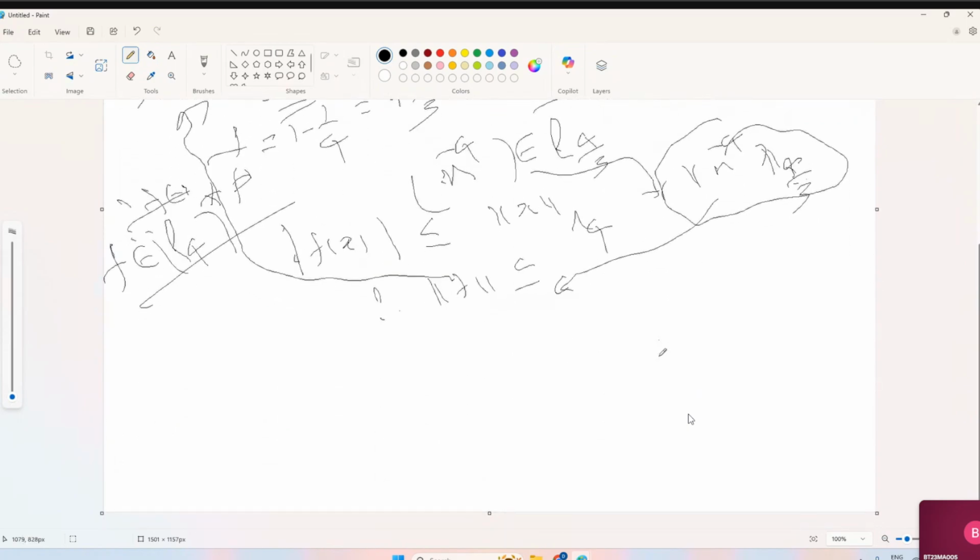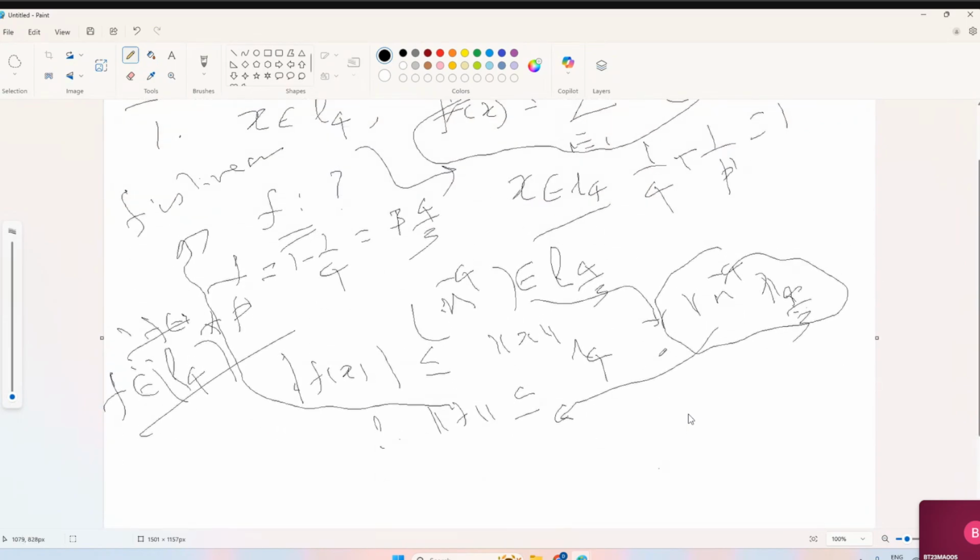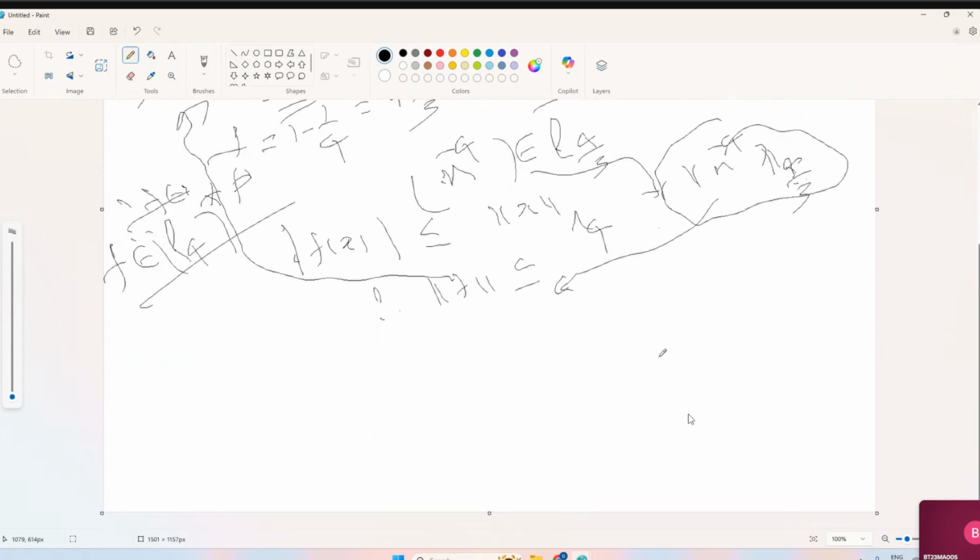Now, do you know how to calculate whether this is in L4 by 3? What I'm saying is, let me solve it completely. This sequence n raised to minus 4, this is your a_n. I have to calculate a_n raised to 4 by 3. Correct? That will be n raised to minus 4 into 4 by 3 with a minus sign, that is nothing but n raised to minus 16 by 3.